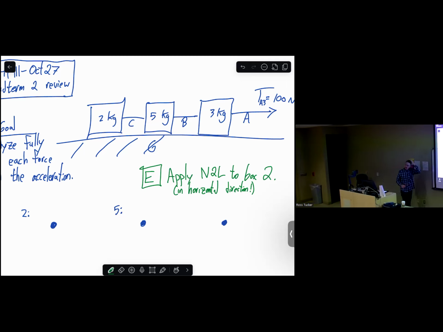In the previous question, you identified the force acting on box 2. I've got a whole bunch of people dropping letters. Use its full name. There are lots of tensions in this problem. You can't just say T. There are 3 different T's. So use its full name, please.